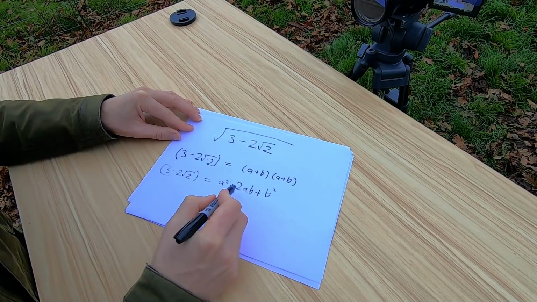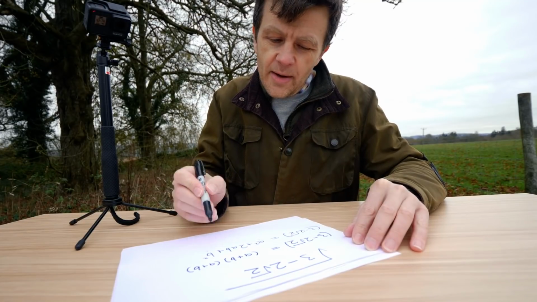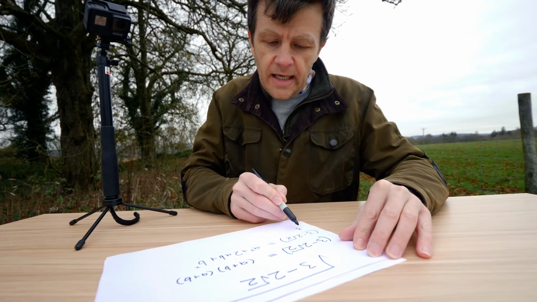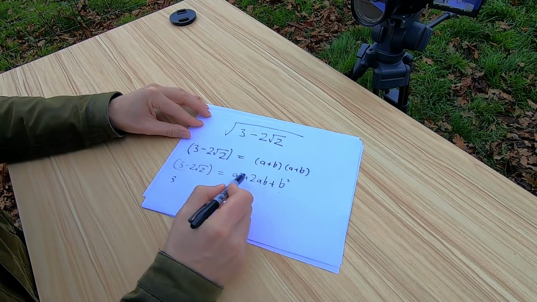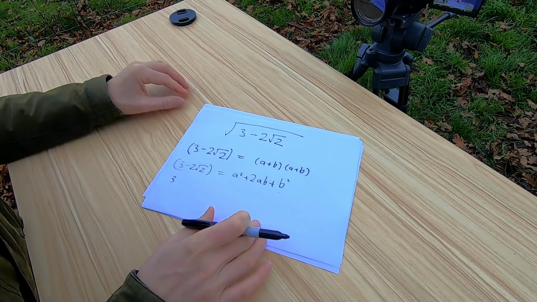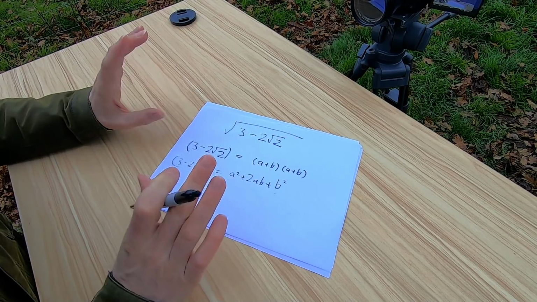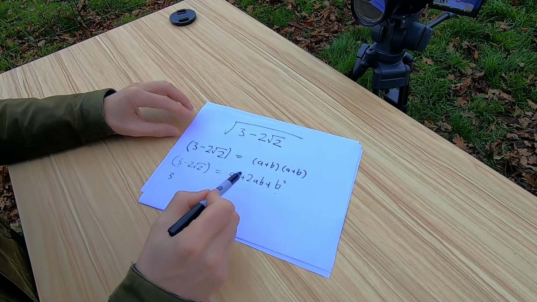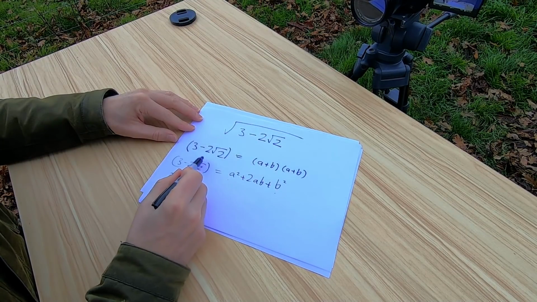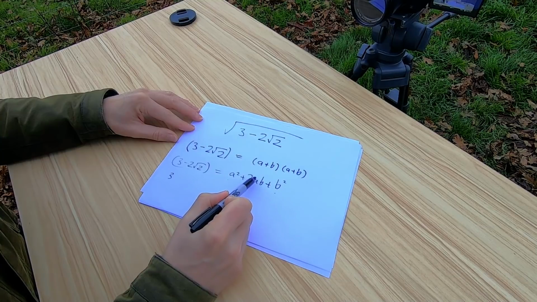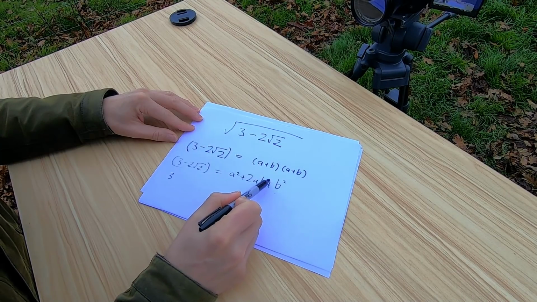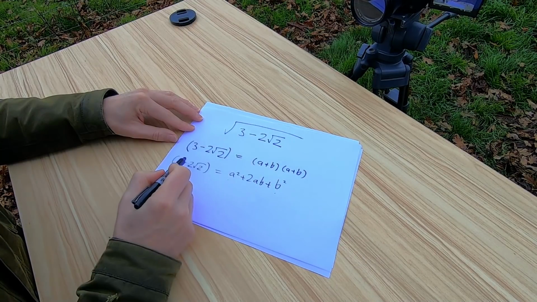And so then we know that this a squared plus b squared is somehow equivalent to this 3, and we know that the 2ab is this root 2. Now we could set up some simultaneous equations for this, but we don't really have to, because by inspection we can see we've got a root 2 here, so we're going to have somehow a root 2 in here, and this is negative.